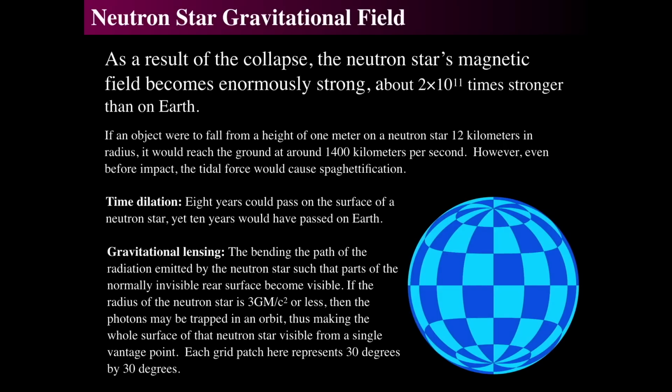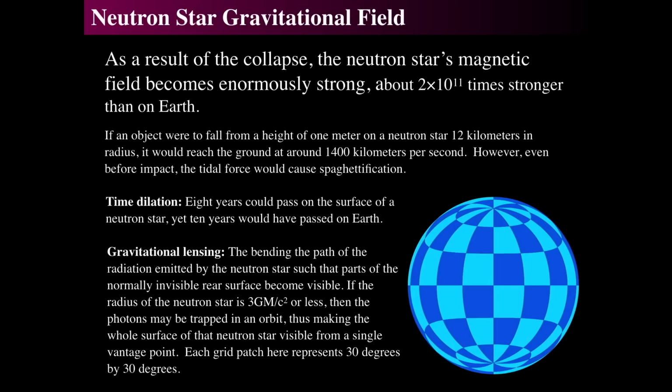There's also gravitational lensing that occurs because of the path that light takes as it tries to leave the surface of a neutron star. Let's say a little gamma ray gets emitted at an angle that's not specifically perpendicular to the surface of the neutron star, it'll start to curve in its path.